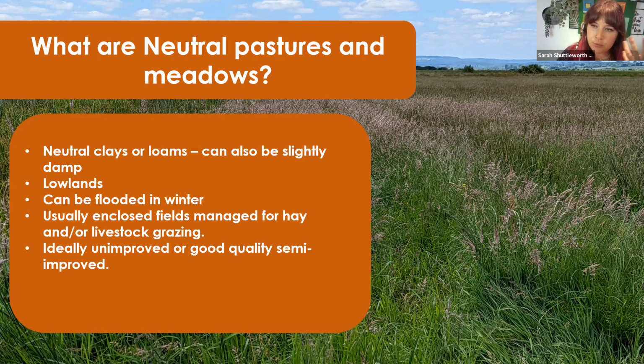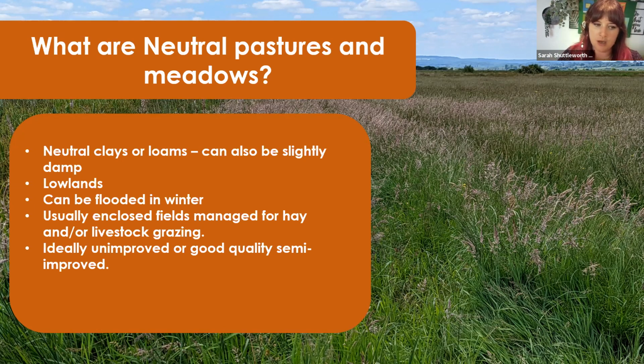If you improve a field, for us, it might sound a bit silly, like, oh, it must be really nice then. But actually, it's talking about how productive it is as grazing or hay production. In which case it might have been ploughed up, resown, had fertilizer applied to it, or even some kind of herbicide sprays. So basically, we don't want to be looking at those ones really.